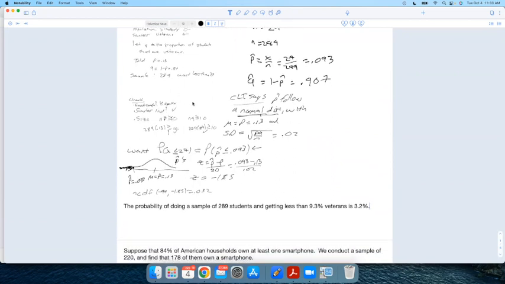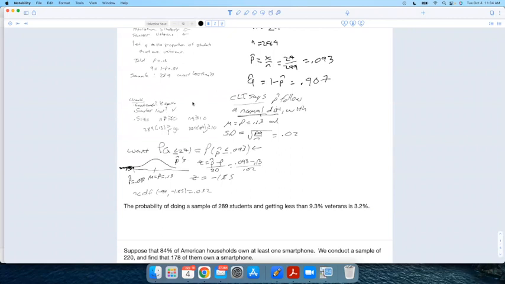So what that might mean is, in the real world, we would look at that and go, well, something's probably wrong. Because it's possible if you do 100 samples and they're all perfectly good samples, 3 times out of 100, you're going to get one that looks like this.